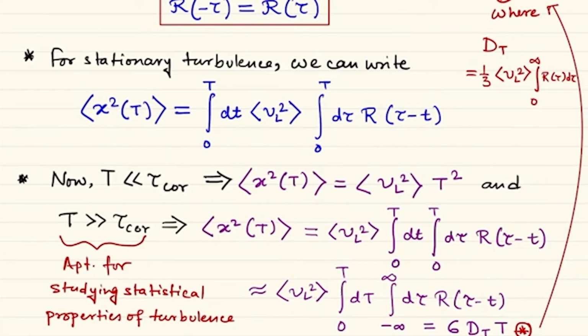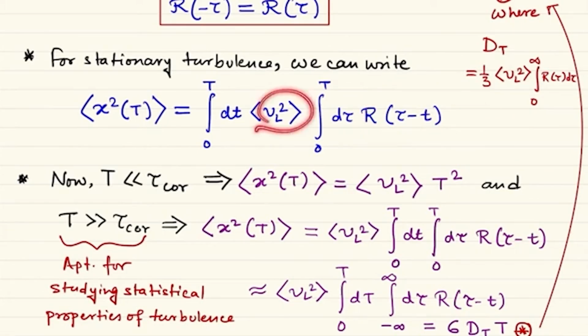Now if you want to be at a time which is very small with respect to the correlation time, let's say over here, that means your correlation is almost 1 here, so there is not much decrease in the correlation coefficient. Then this can be assumed to be 1, and what else?